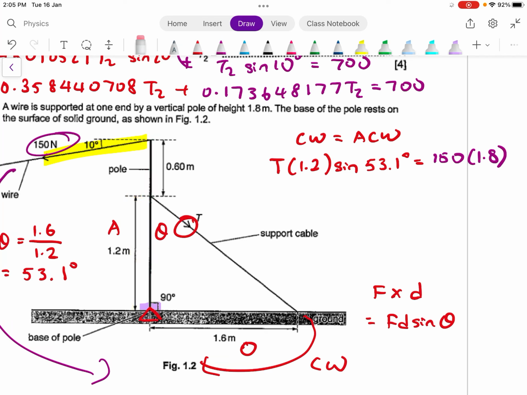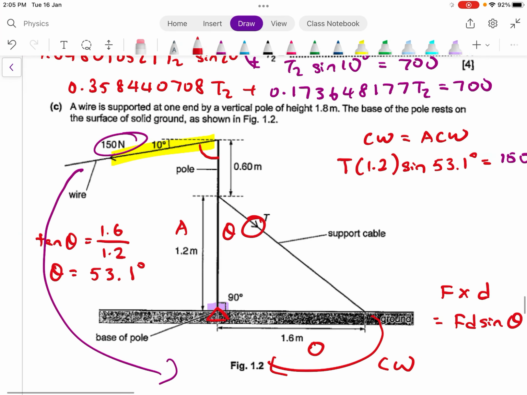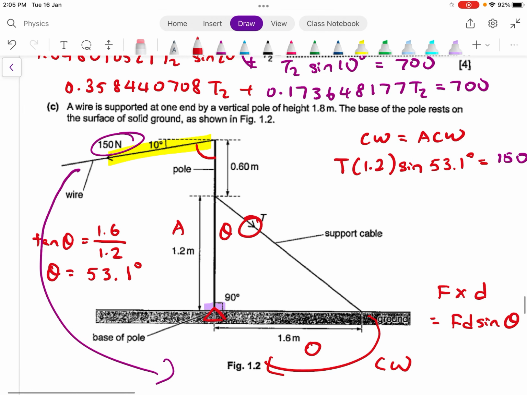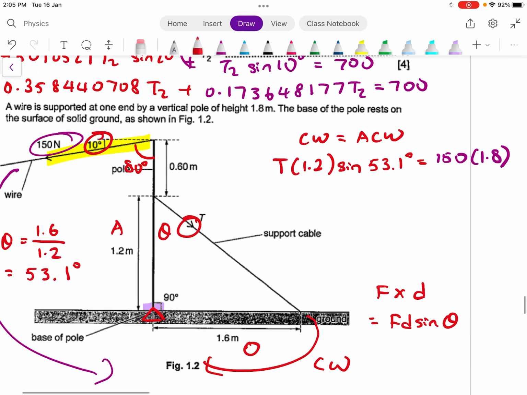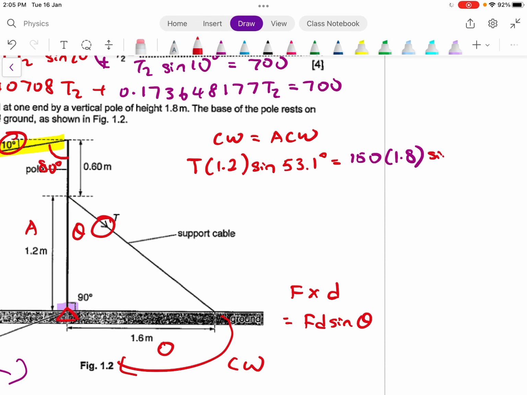Then after that, what about the sine theta? Okay, sine theta, so likewise, the theta is right here. So quite obvious, right? This one don't need to use trigonometry, you simply just use 90 minus 10 degree. So this will become 80 degree. So it's sine 80 degree. So now I know what is my anti-clockwise moment already. Okay, so with this, I simply just calculate already.